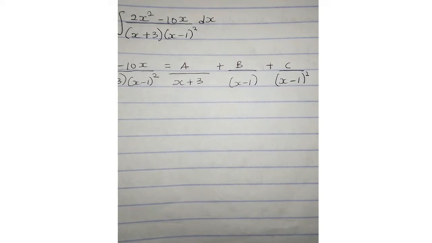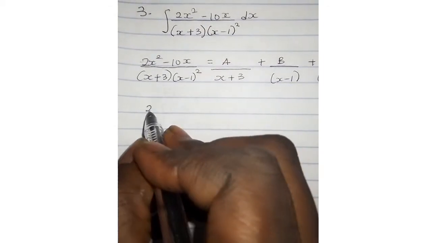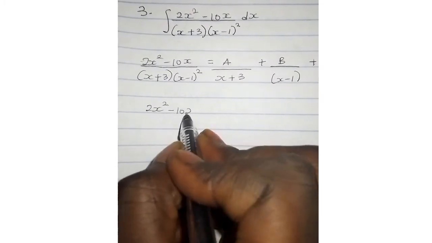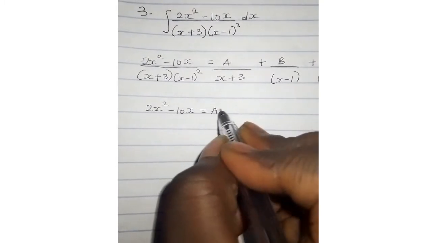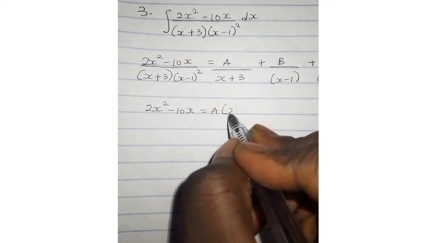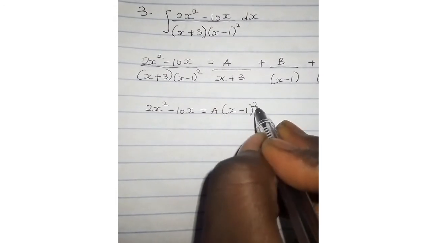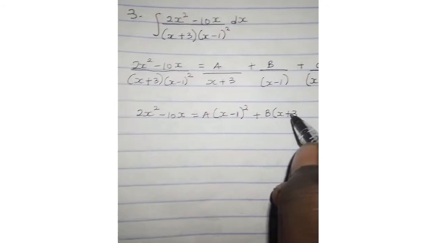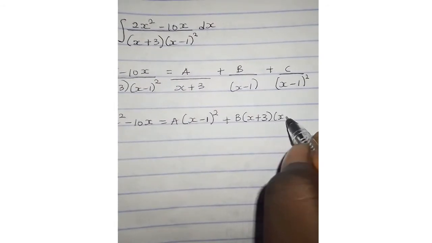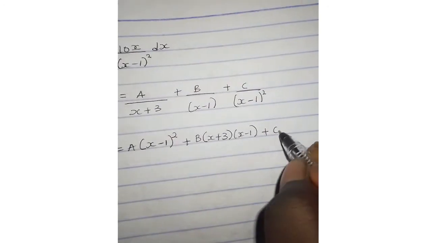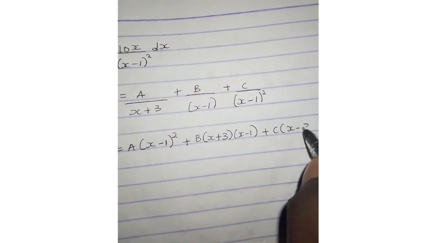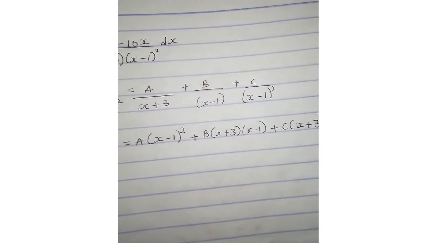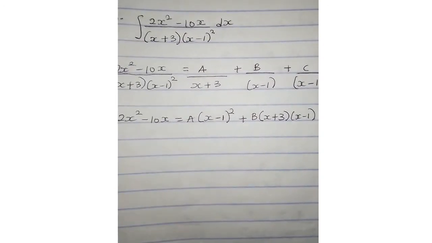When we multiply through by the common denominator, we're going to have 2x squared minus 10x, which is equal to a times (x minus 1) all squared plus b times (x plus 3)(x minus 1) plus c times (x plus 3). When we multiply through by the common denominator, which is to say, when we look for the LCM of the denominator, this is what we're going to have.